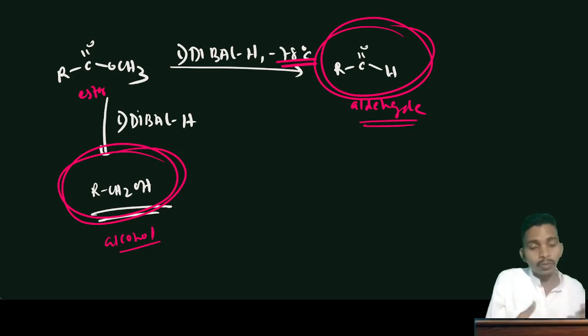Because we don't need one more step: if it converts into alcohols, and we want aldehydes, we have to do one more reaction with PCC or Swern oxidation or mild oxidizing agents to convert alcohols into aldehyde groups.